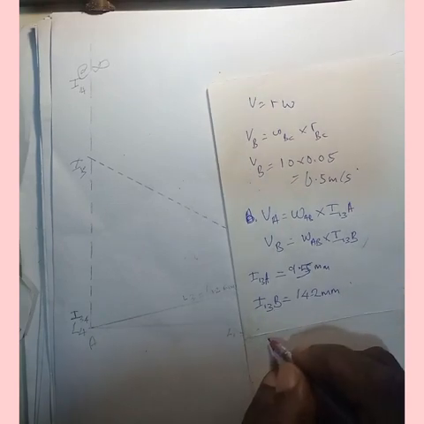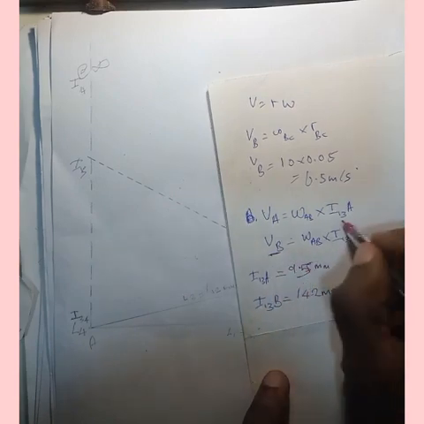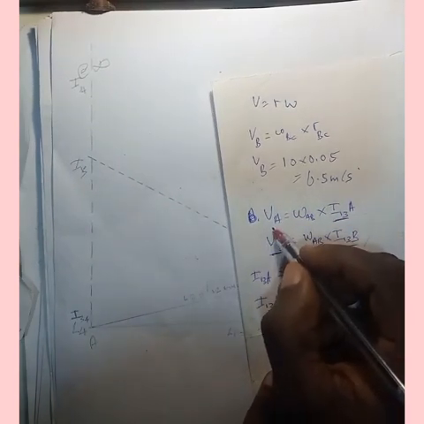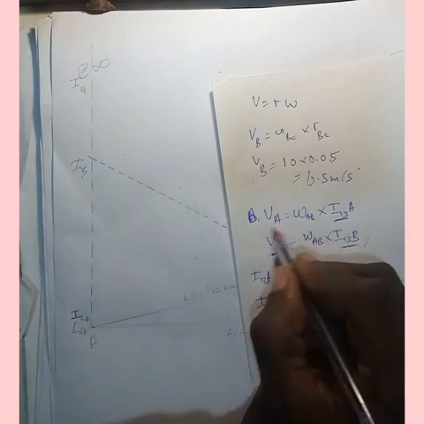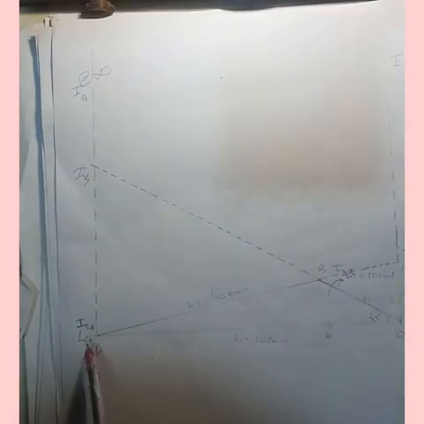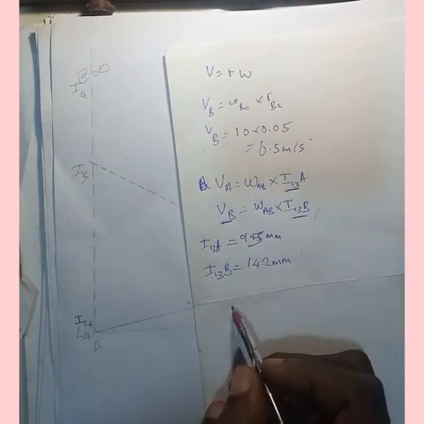So now we already know our VB, we know I13A, we know I13B. Automatically we can now get our VA, and our VA is the velocity of the slider. This is your A, it means velocity of the slider A. So now we can equate these equations.